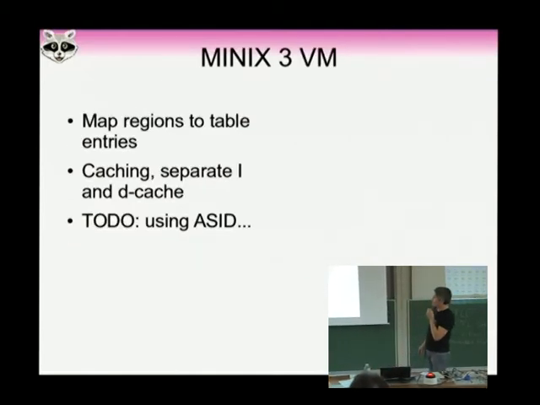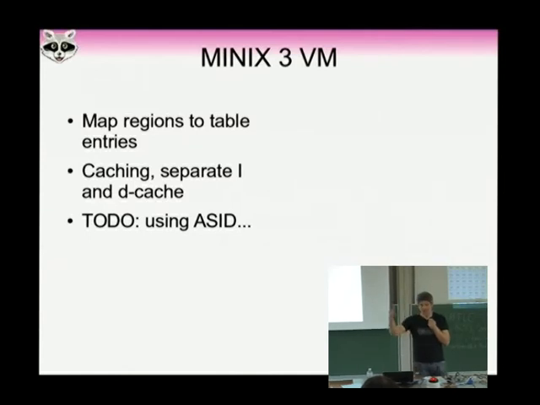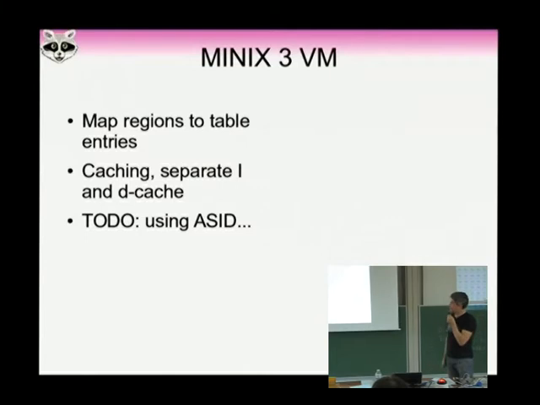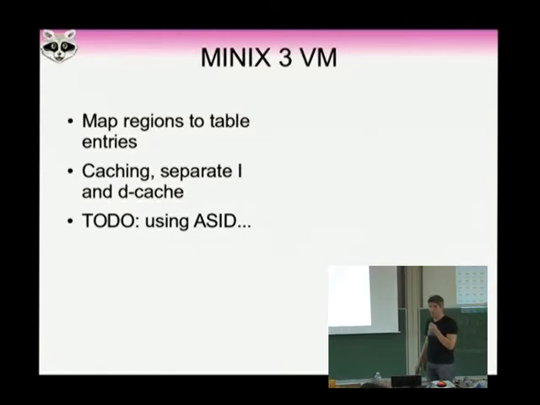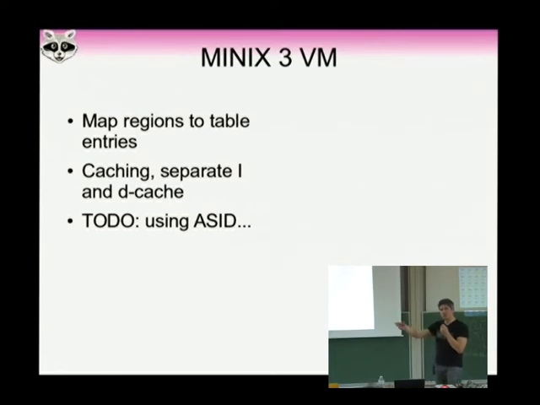More interestingly, because of its history, MINIX did not use page tables at all before 3.2.0. It used something called segments, Intel segments, which work differently, and I actually don't know exactly how they work. So a big part of the work to get it working on ARM was implementing page tables, implementing that both for Intel and for ARM. So map regions is more that we map ELF sections to page tables.